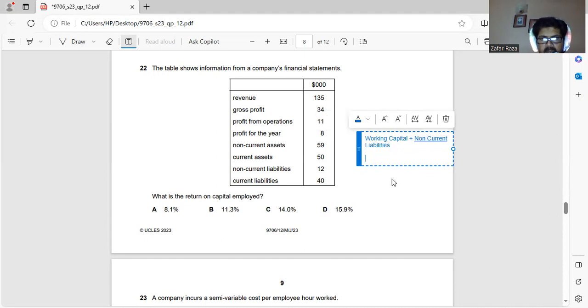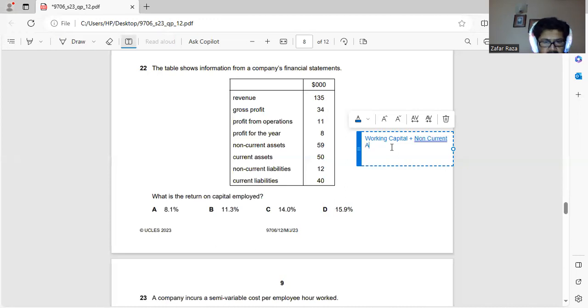Okay. So, what is the amount of working capital? We have non-current assets 59,000, current assets 50, minus current liabilities 40. No, that is non-current assets. Sorry, working capital plus non-current assets.